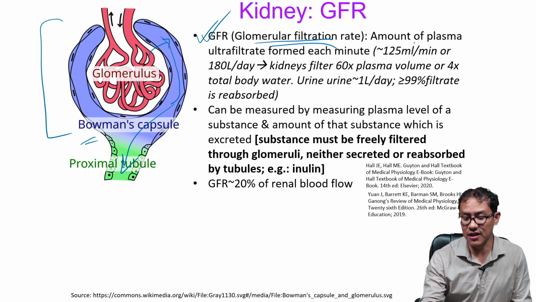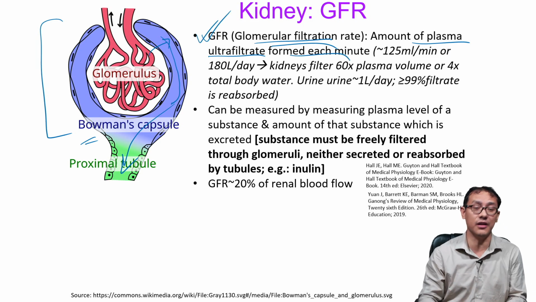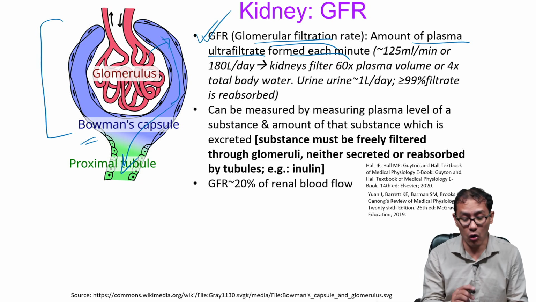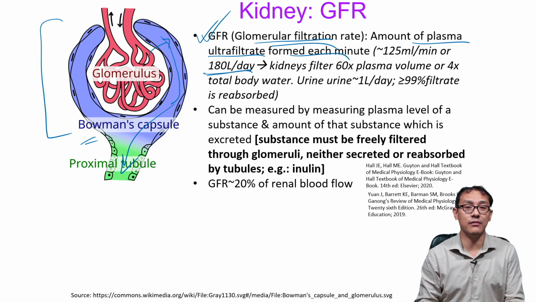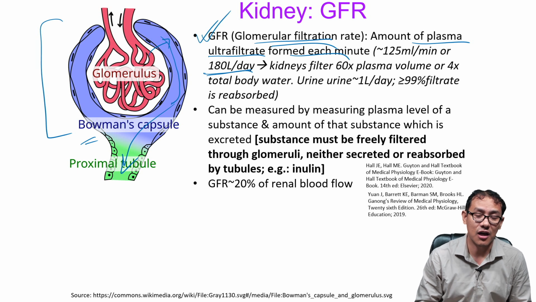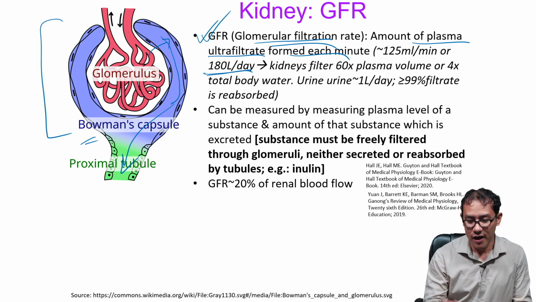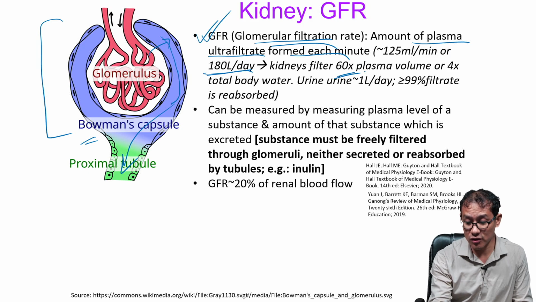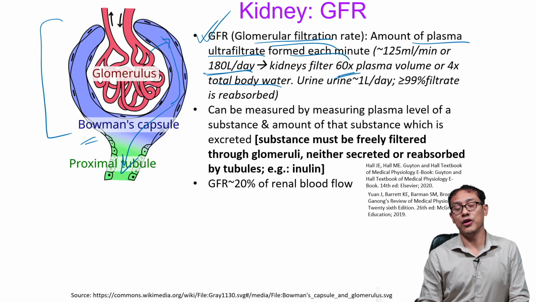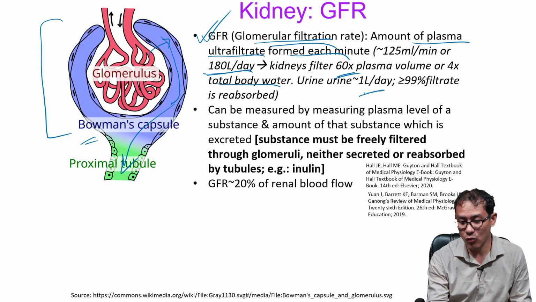GFR is basically the amount of plasma ultrafiltrate formed per minute. It is approximately 125 ml per minute, or 180 liters per day. That is why we said the two kidneys filter about 180 liters per day, which is approximately 60 times the plasma volume or 4 times the total body water, while the urine output is only 1 to 2 liters.